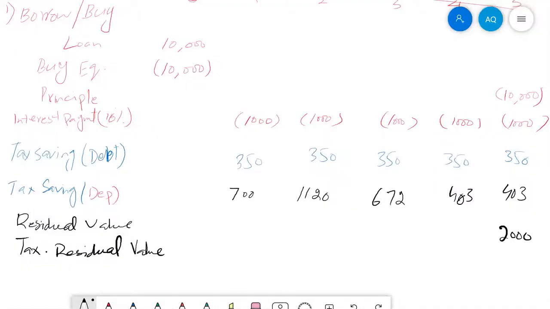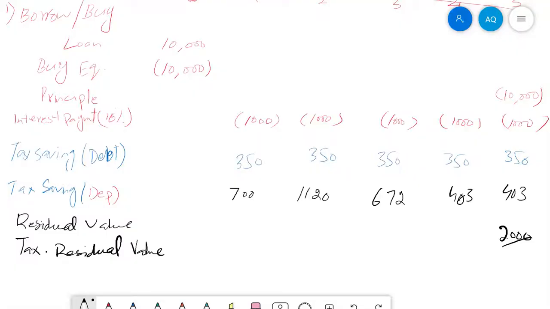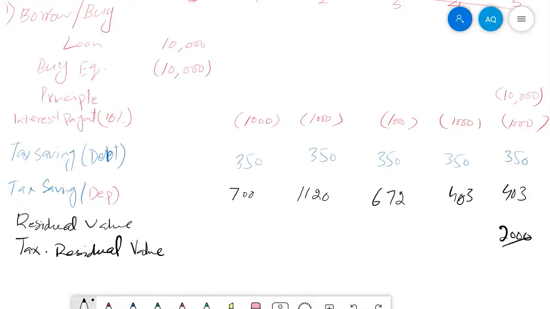To calculate the taxes, we have to see what is the worth of the machinery at the 5th year and what is its book value, right? So we know that the worth of the machinery is 2000.